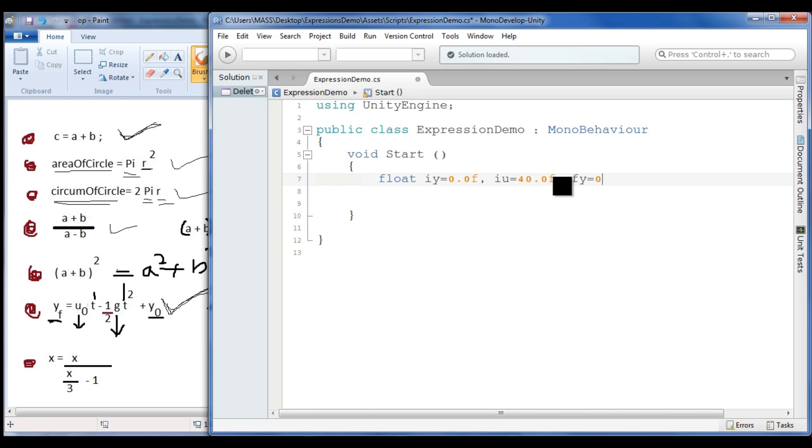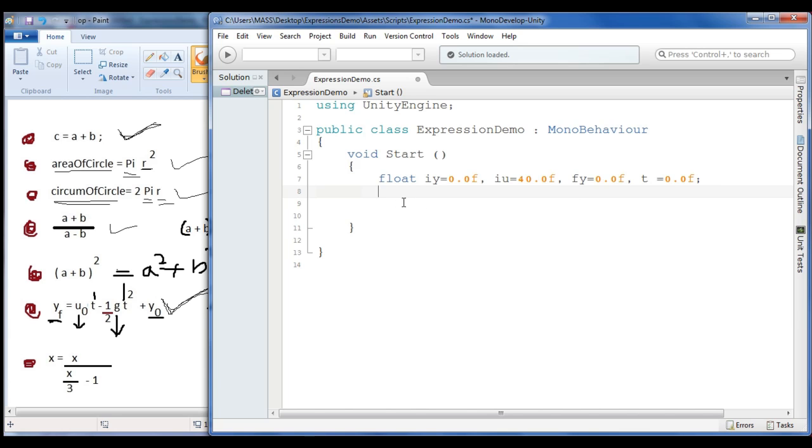I choose fy, which is going to be 0.0f, which is going to change based on the formula value. Then I'll be creating the time. So I'll create a t variable, which in the beginning is 0.0f and will change later. As time changes, the formula also needs to change.